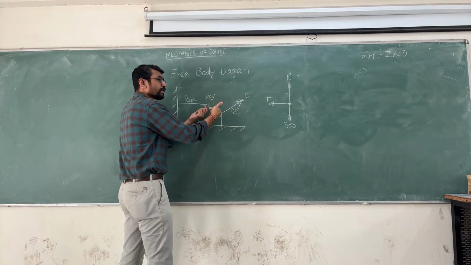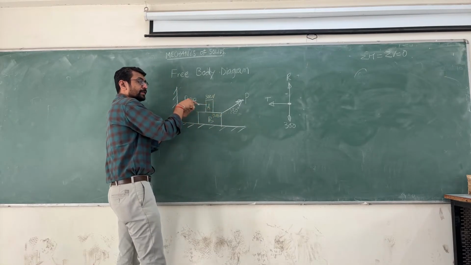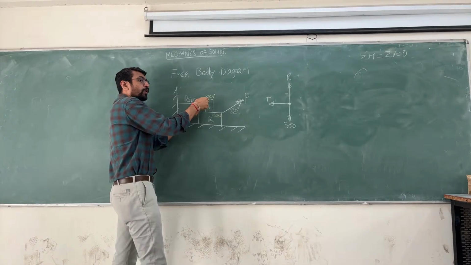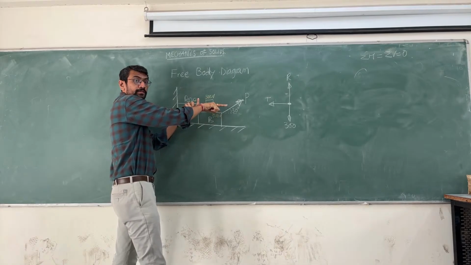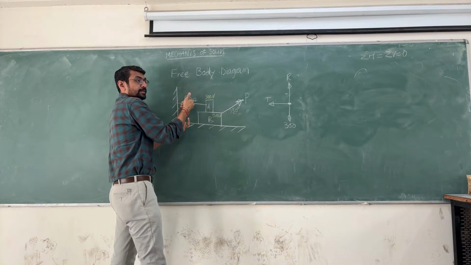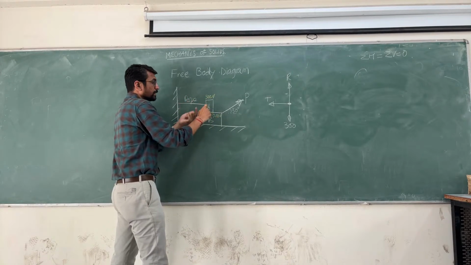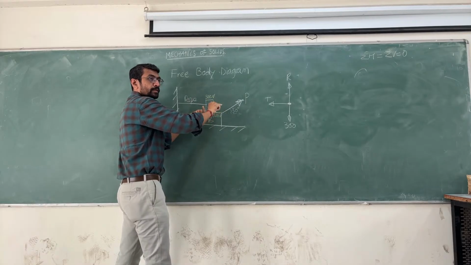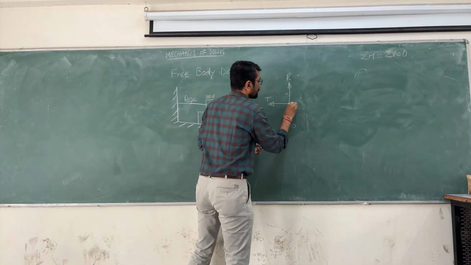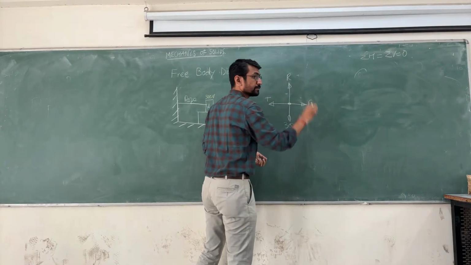So block A is moving in this direction with reference to B, so friction on block A will be opposite to the motion. A will move in this direction, then the friction will be in the opposite direction. Friction 1.